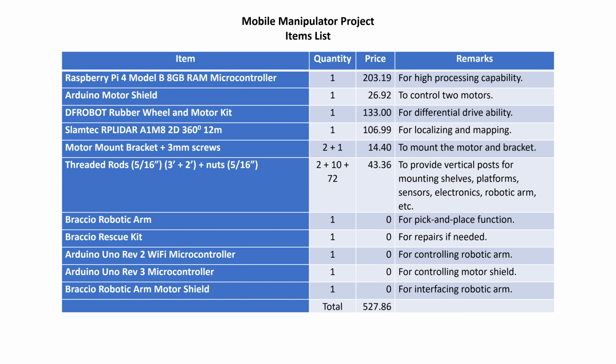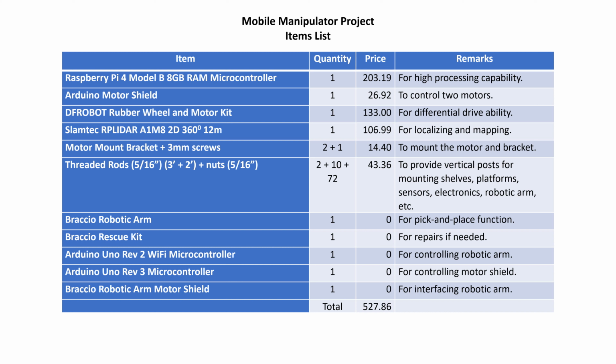I am trying to keep track of my spending, so I made this table that shows the prices of the components and materials that I purchased. The prices that you see that are 0 are for items and materials and components and parts that I already had before starting this project.